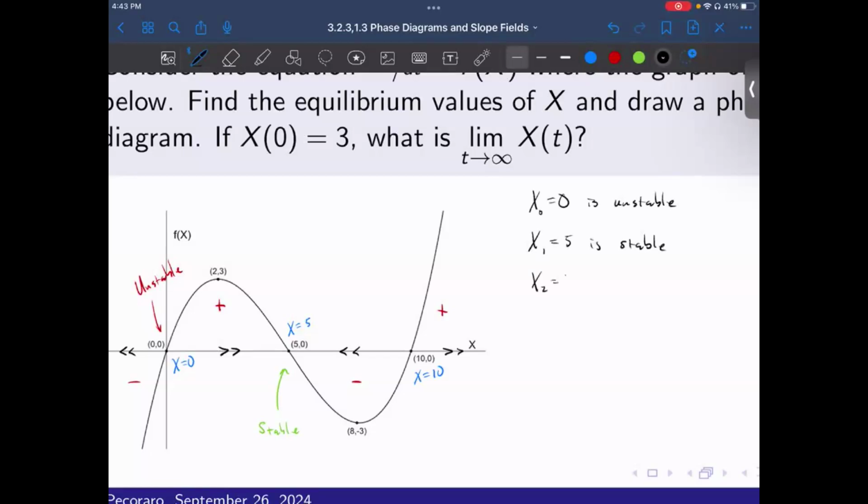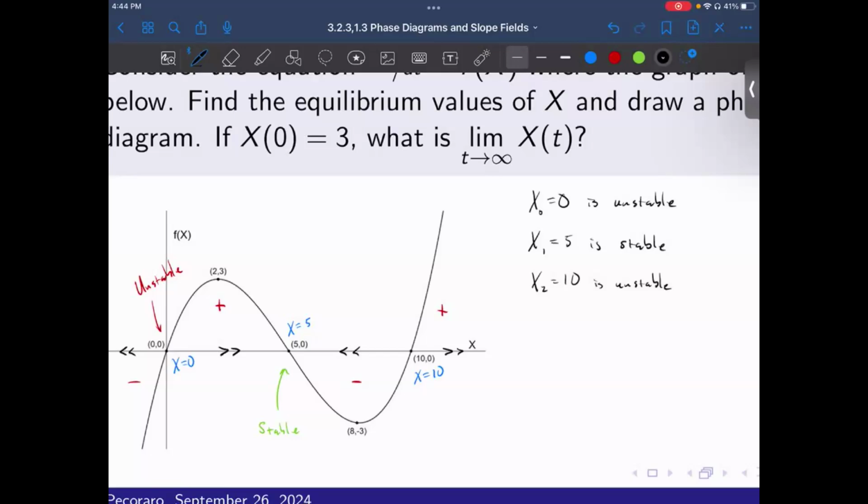And x2 equal 10, well, I can see over here that the arrows point away from it. So this is also unstable. We have no stable or semi-stable fixed points. I keep saying fixed points. No semi-stable equilibrium points here.